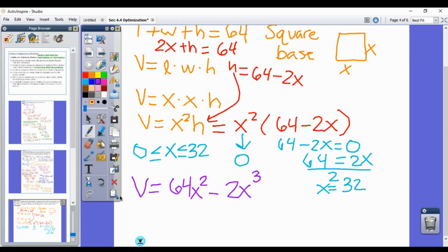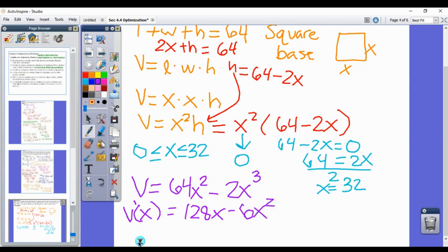Okay, so now I'm going to take the derivative because I need to find my critical points. So the derivative of my volume with respect to x is going to give me 128x minus 6x squared.